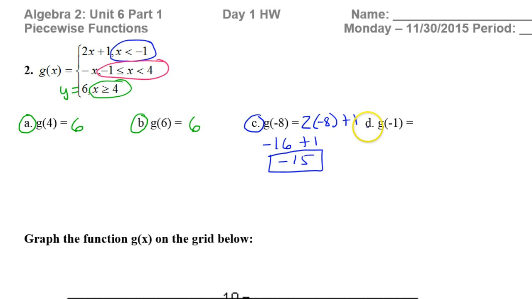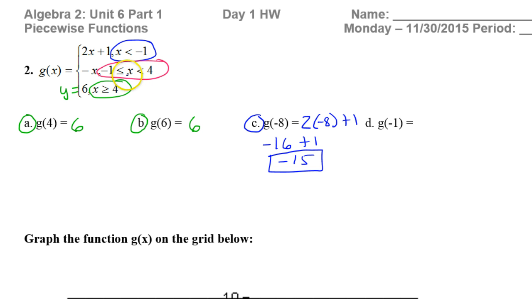Okay, and what about the last one? Again, we have an x value of -1. Is -1 less than -1? No. Okay, is it between -1 and 4? Well, maybe. Let's see, we have to be more careful here. -1 is less than or equal to x, and x is less than 4.